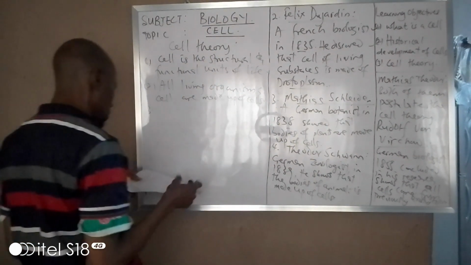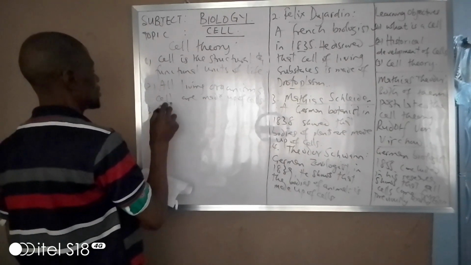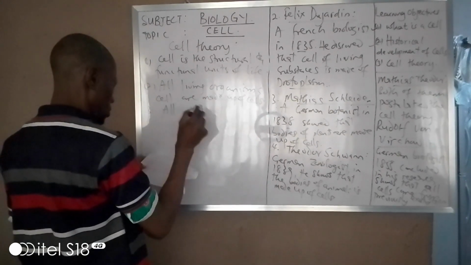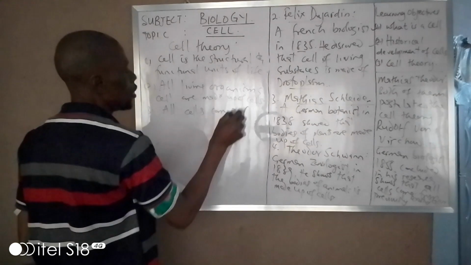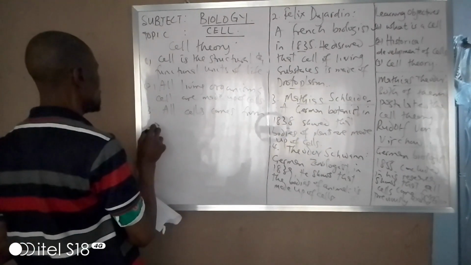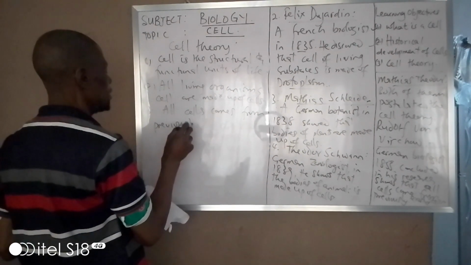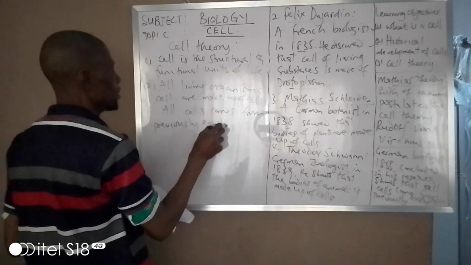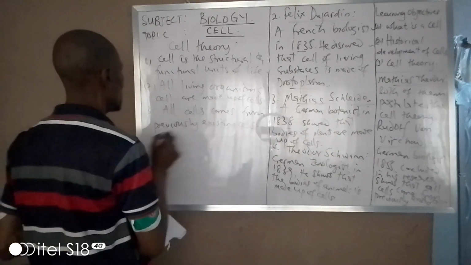So we have number 3: all cells come from previously existing cells.